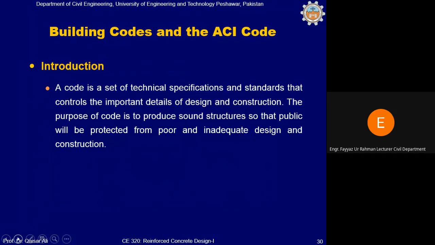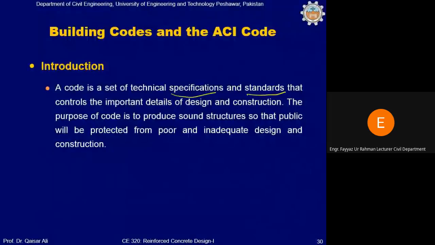Building codes and the ACI code. A code is a set of technical specifications and standards that controls the important details of design and construction. So it is a set of specification.